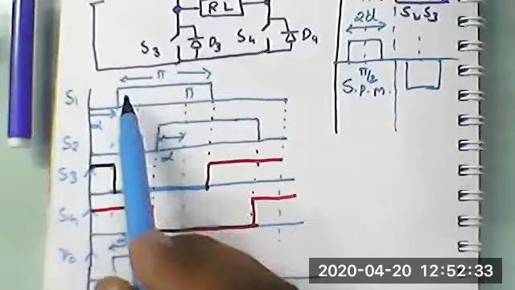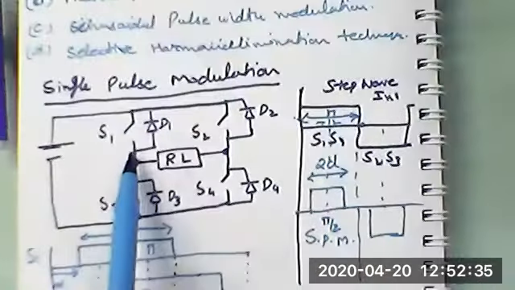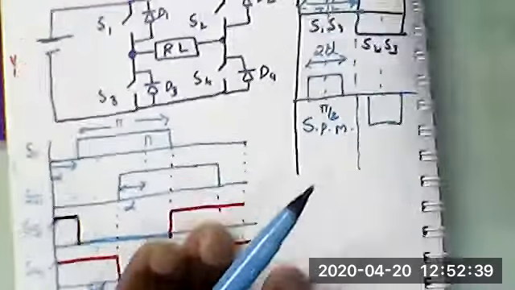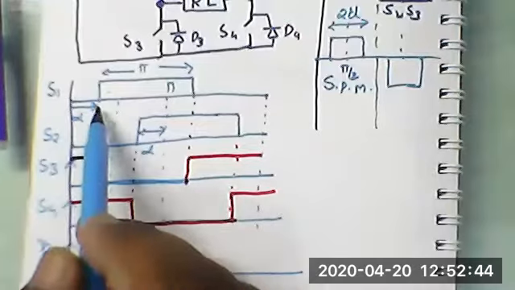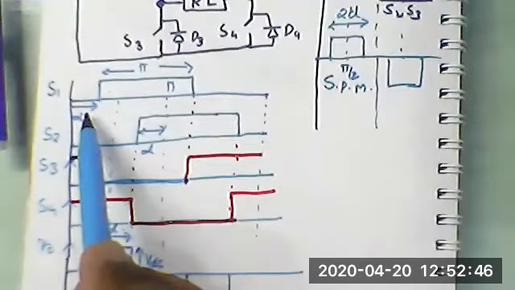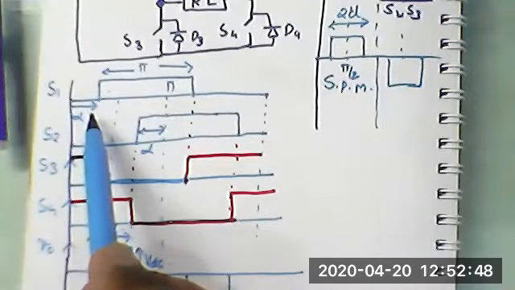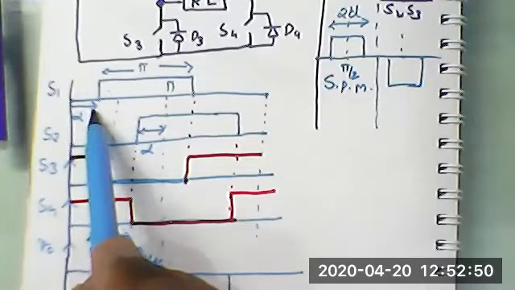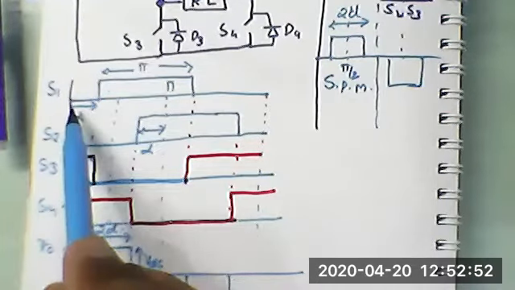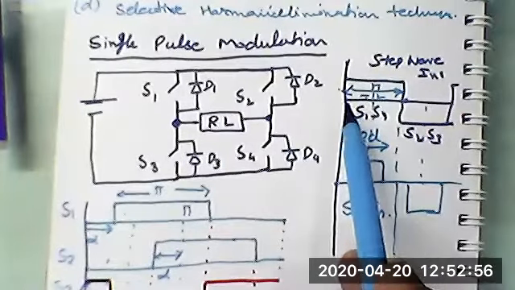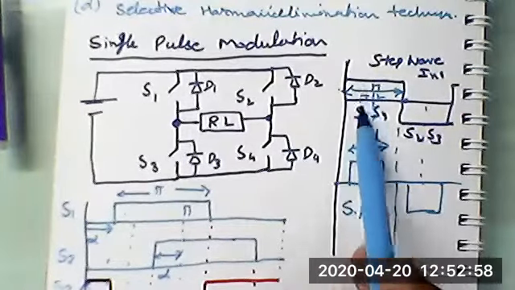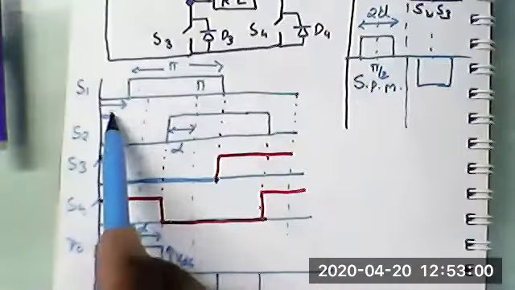As the duration of the pulse, means conduction of this pulse, is pi, that is T by 2. What we do, we shifted or delayed the firing pulse of S1 by an angle alpha, right? In this case, we are giving at instant 0. What we did, we just apply a delay of alpha.